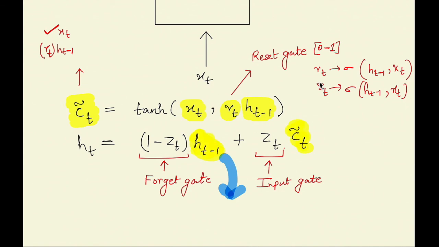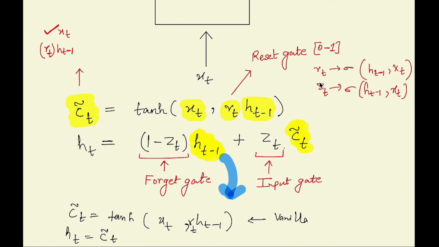So instead of simply taking c dash t, if it had been a vanilla RNN, then our c dash t would have been simply tanh of xt comma ht minus 1, right? So this was the case for vanilla RNN. So what did we change? We didn't take the complete previous state, and we didn't take ht, the next state, to be simply the new candidate.